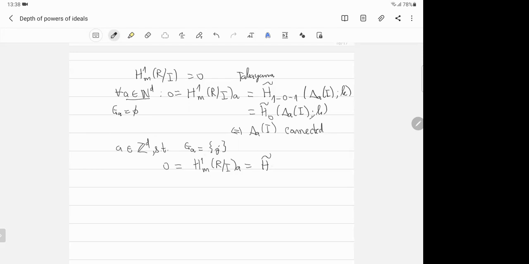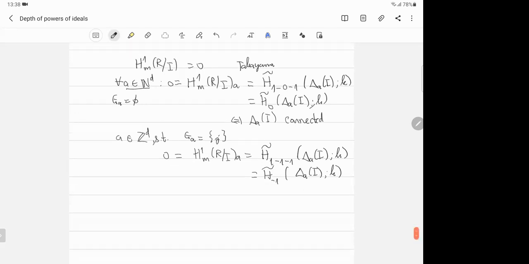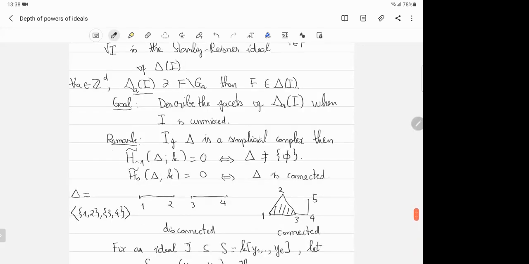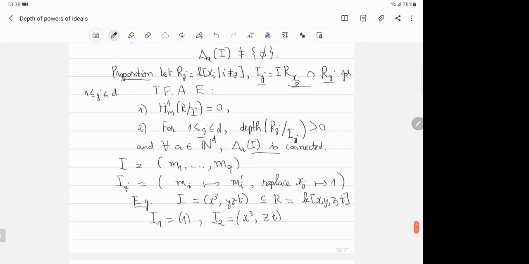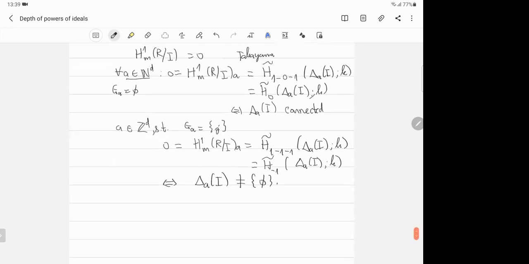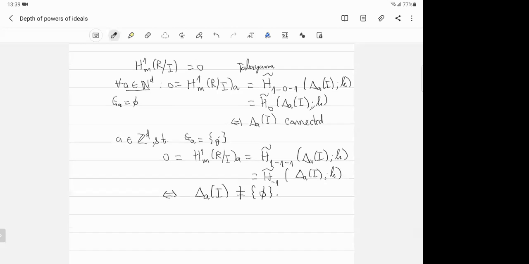Now G_a has one component, so it is 1 minus 1 minus 1, so this is H tilde_{-1} of delta_a(I) with coefficients in K. And we said what it means for H tilde_{-1} to vanish: this is if and only if delta_a(I) is different from the complex with only the empty face.